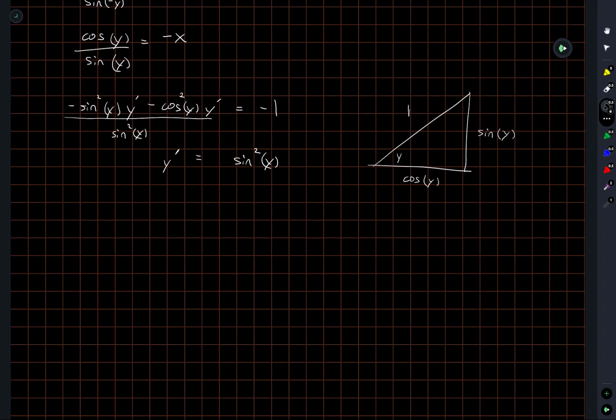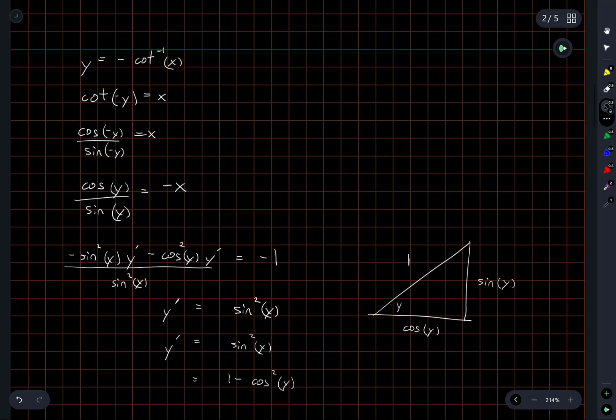Okay, so y prime is equal to sine squared of y, which is the same as 1 minus cos squared of y. Hold on.